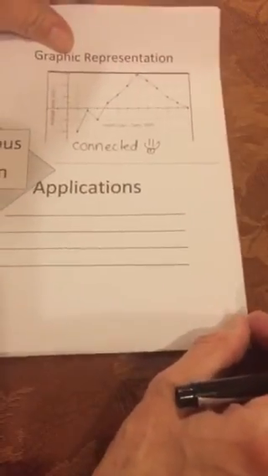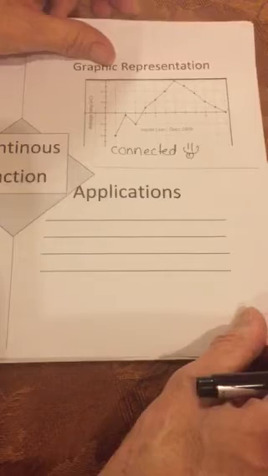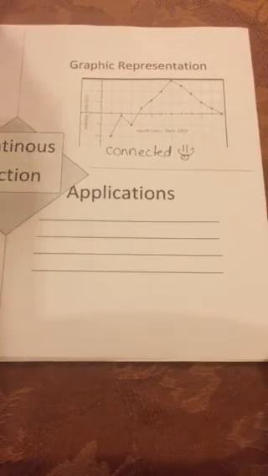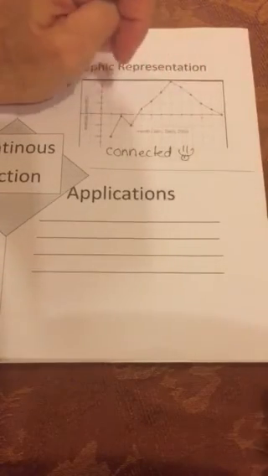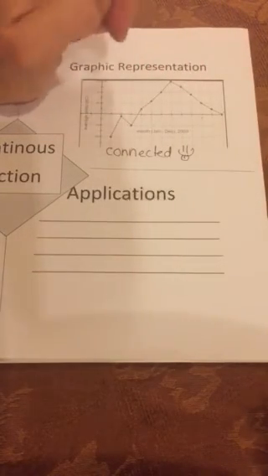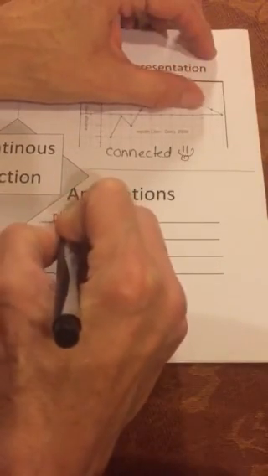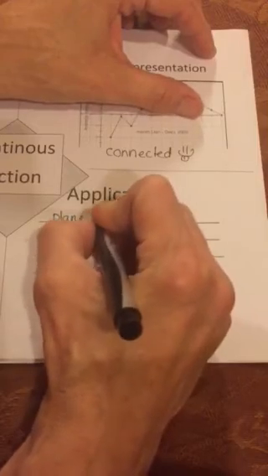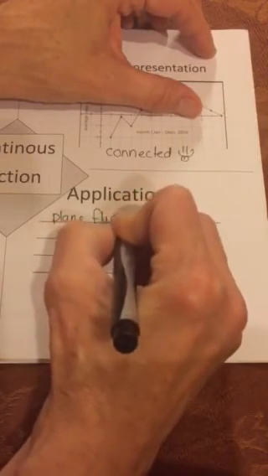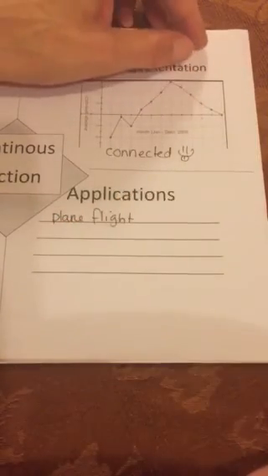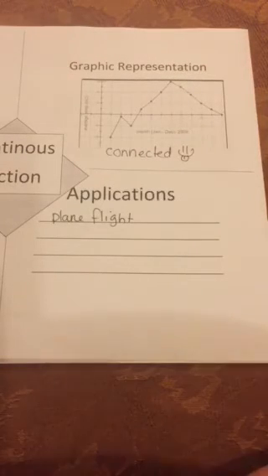Now the last thing we're going to do is look at the applications. And one of the things that I thought about, which is going to be on your exit ticket today, is a plane flight. So a plane flight would be continuous. It has a start and a stop, but you don't stop in between. You keep going until you reach your destination.